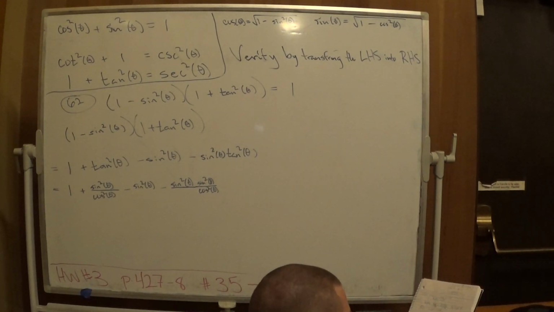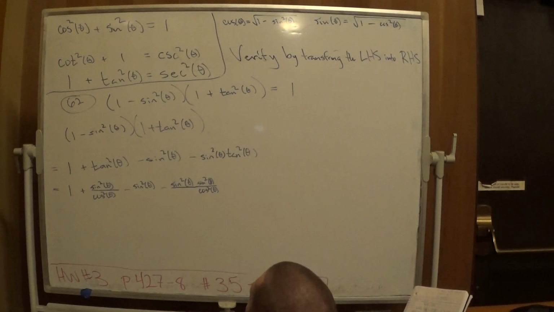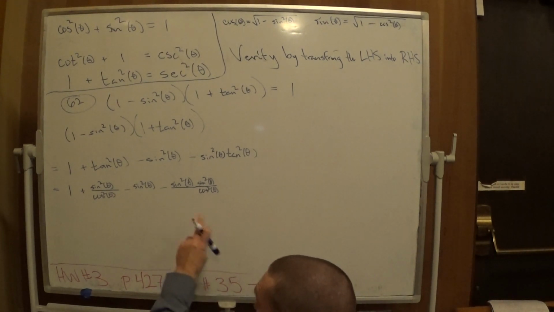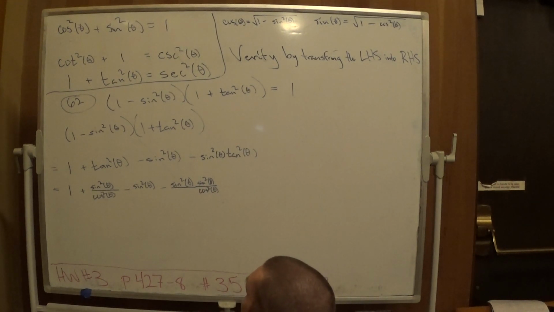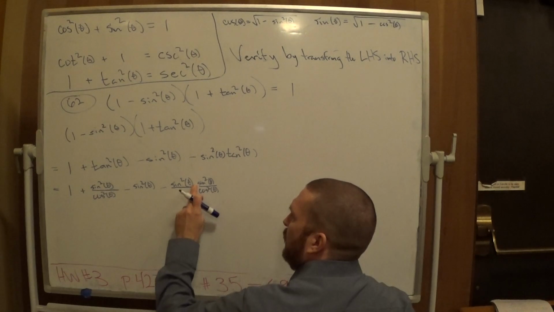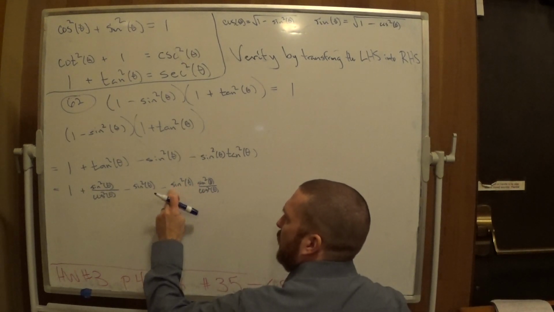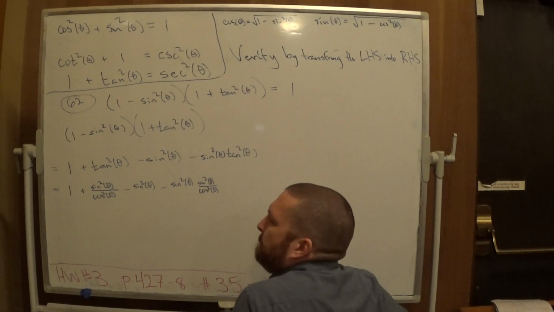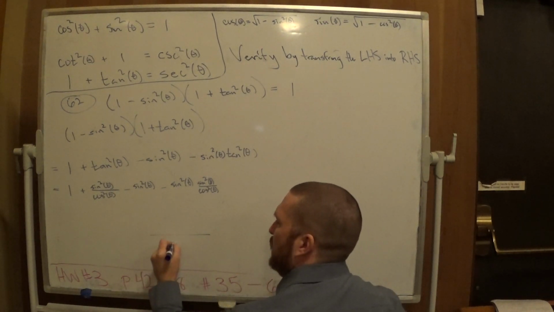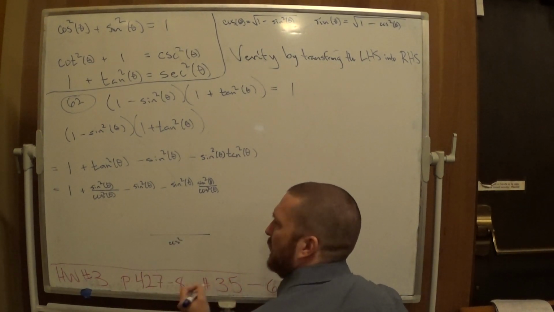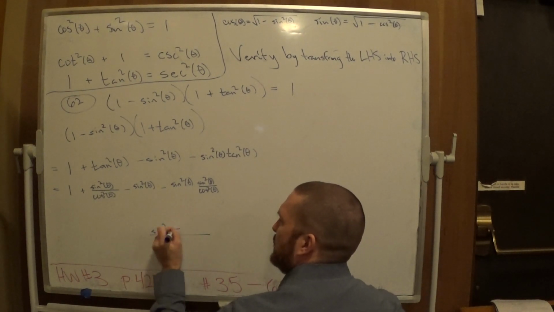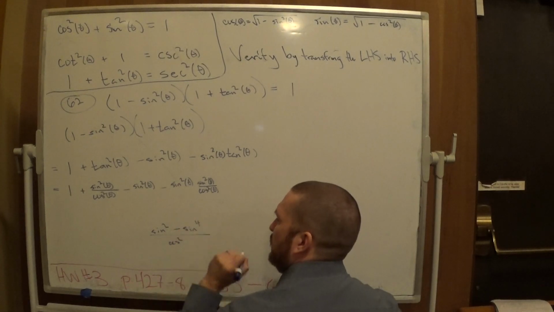We had the same denominator of cosine squared theta, so we can put those together. I'm going to do it this way: it would all be over cosine squared. I'm not going to bother with the thetas, but we would have sine squared minus sine to the 4th.